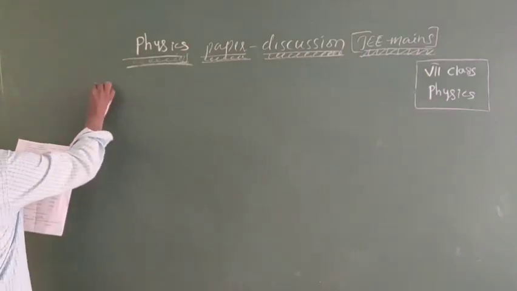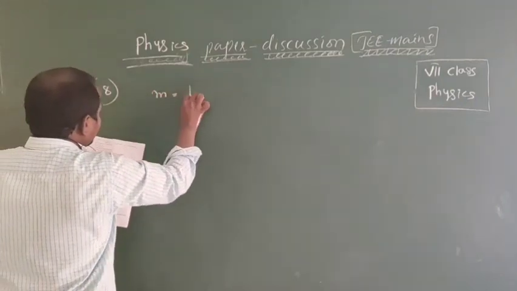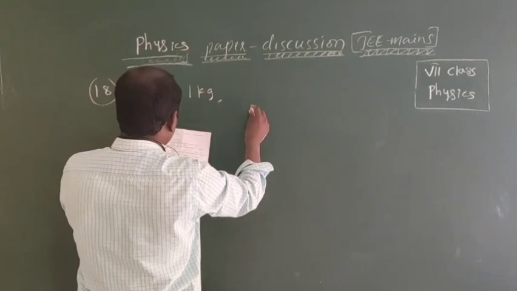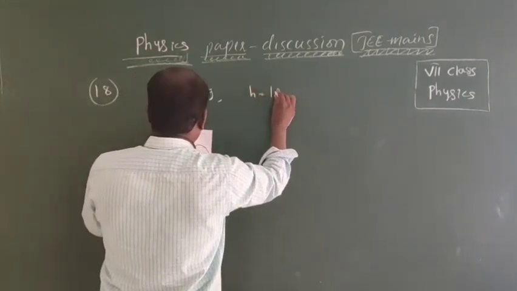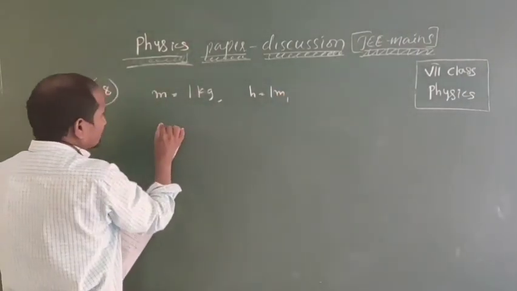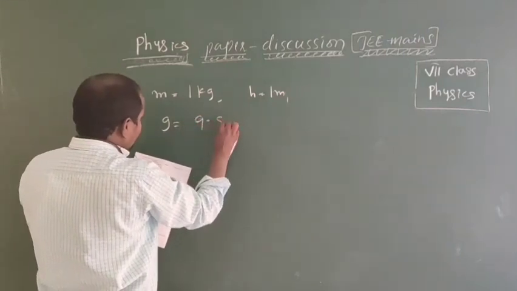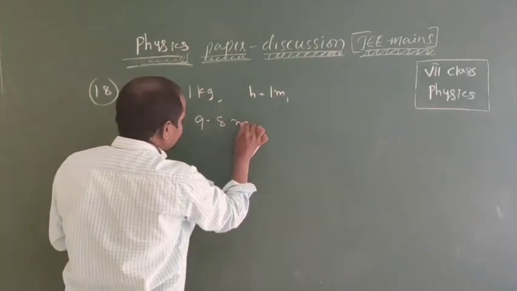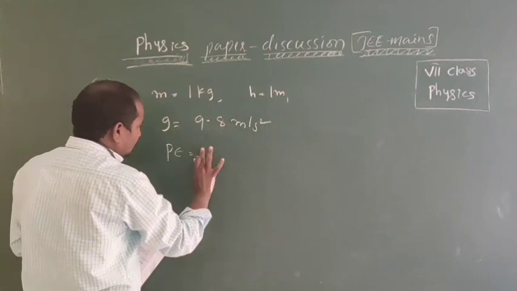So here g equal to 9.8 meter per second square, therefore work done equal to mgh.